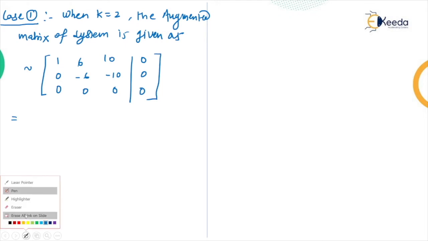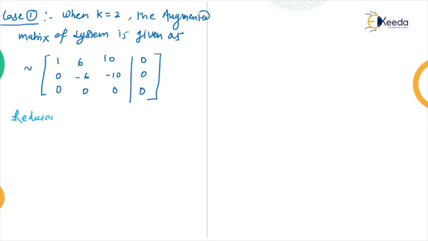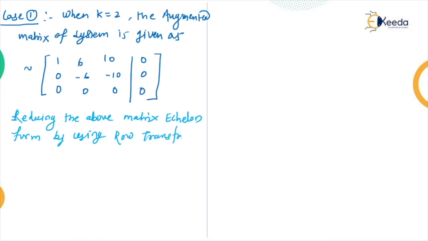So I am writing: reducing the above matrix in echelon form by using row transformations.